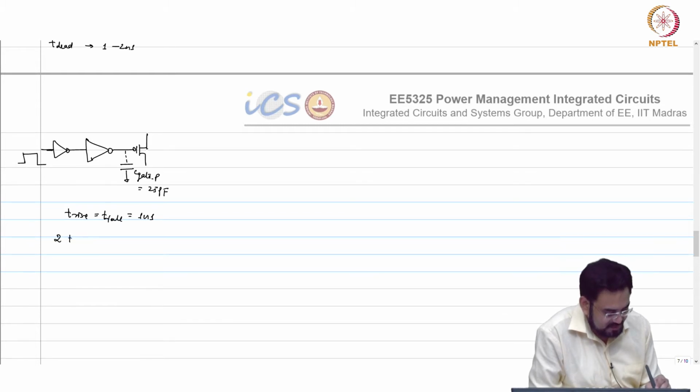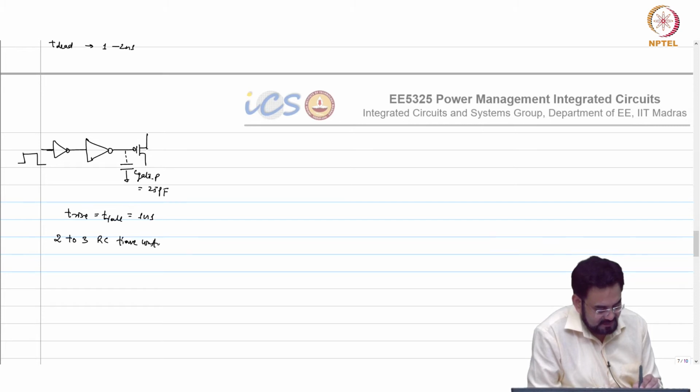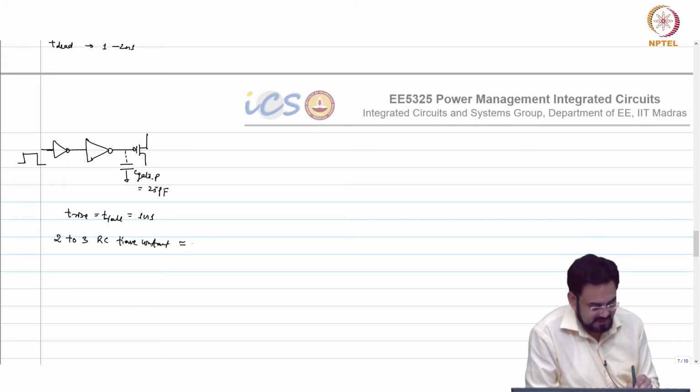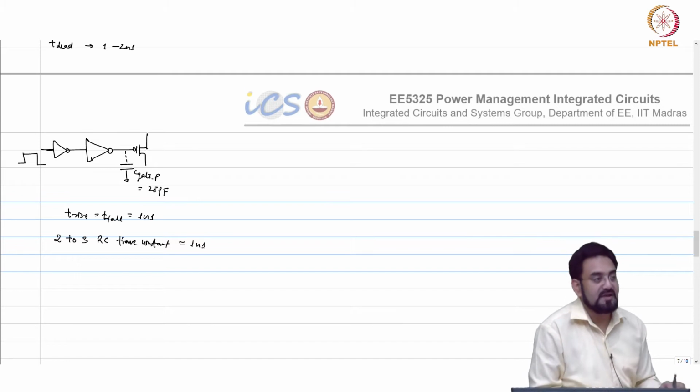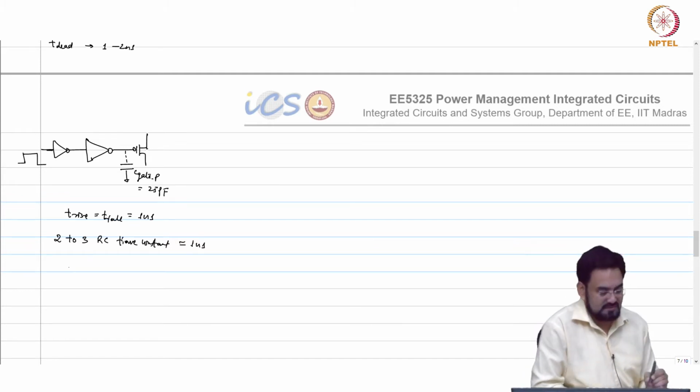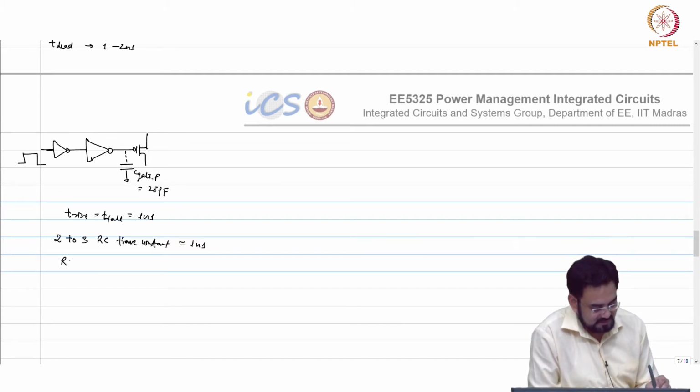Which means with 2 to 3 RC time constants, you are closer to 1 nanosecond. So RC will be, let's say, closer to 0.5 nanosecond.